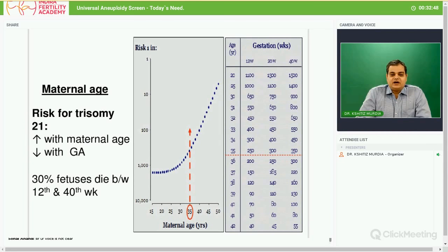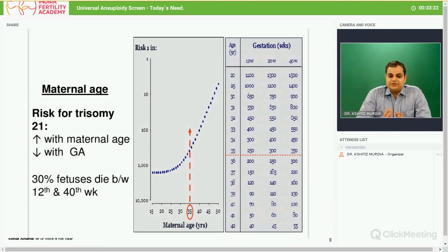As you can see in the graph, the risk increases drastically after 35 years of age, and as you can see in the adjacent table, it decreases as the gestational age increases. A 35-year-old woman at 12 weeks has a risk of around 1 in 250, and towards term it decreases to around 1 in 300 and something.